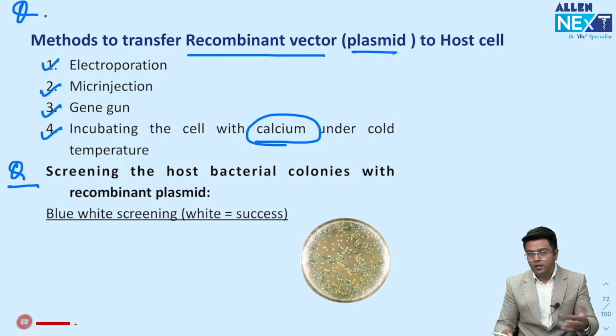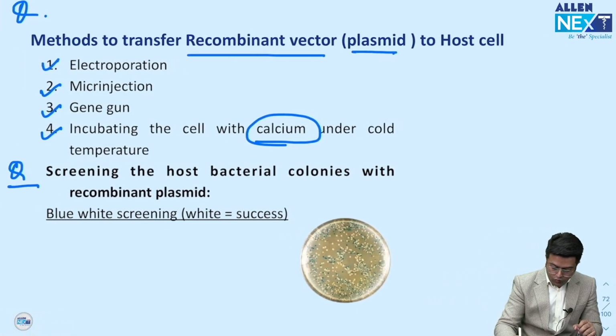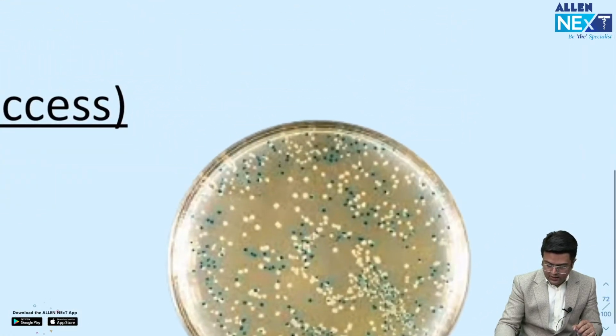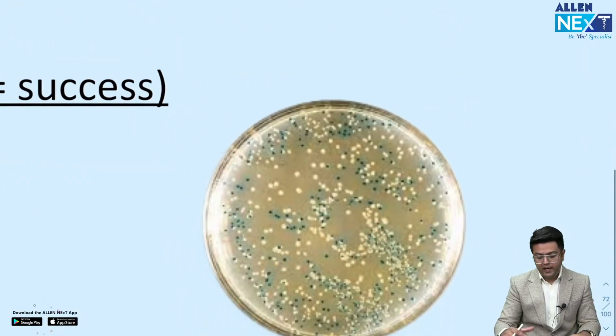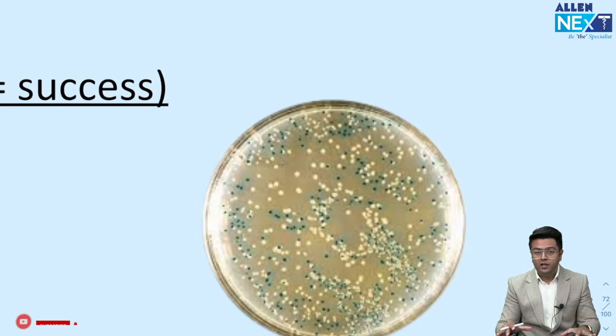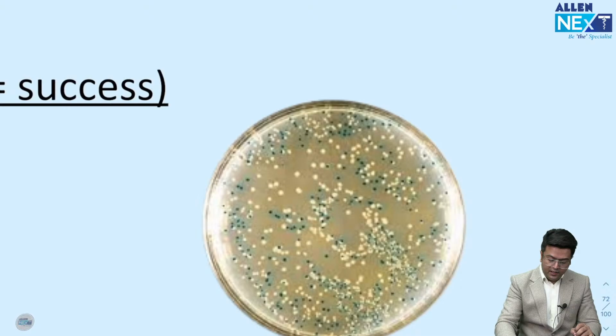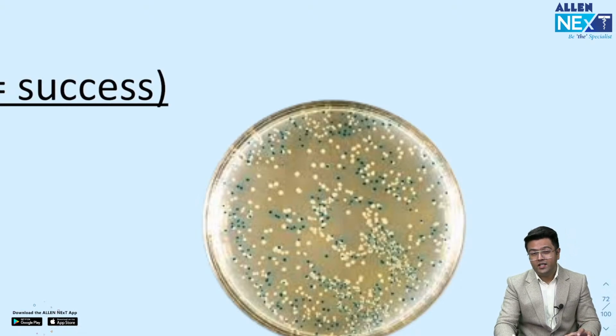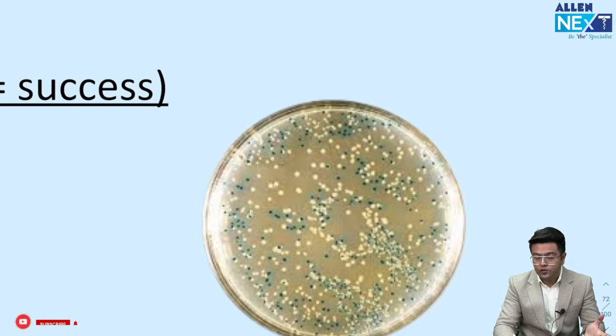Fine, that is what you call transformation. So blue-white screening, guys. As you can see, this is the colony of the bacteria which has been given a plasmid, right, transformed, and the white ones are the ones which successfully have the plasmid, which contains the ampicillin resistance gene apart from the target gene, the insulin gene.